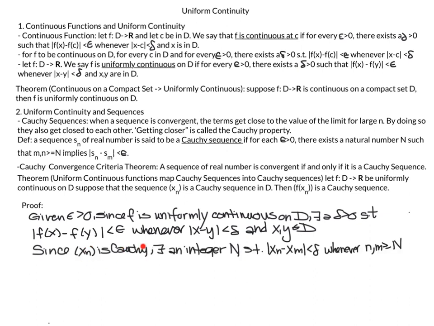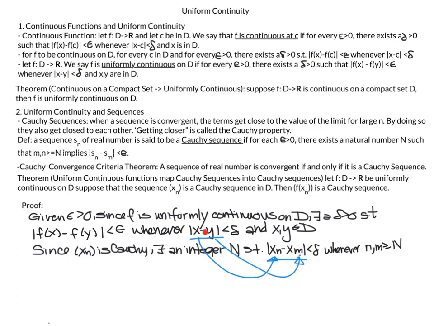And since xn is Cauchy, from our definition of a Cauchy sequence there exists an integer capital N such that the absolute value of xn minus xm is less than delta whenever n and m are greater than capital N.